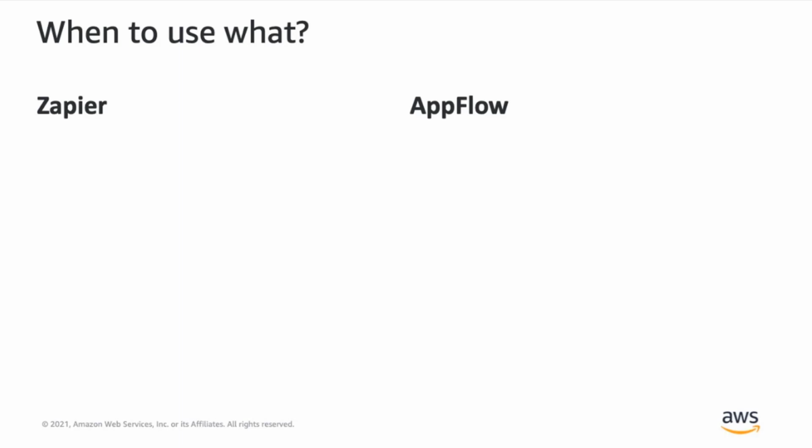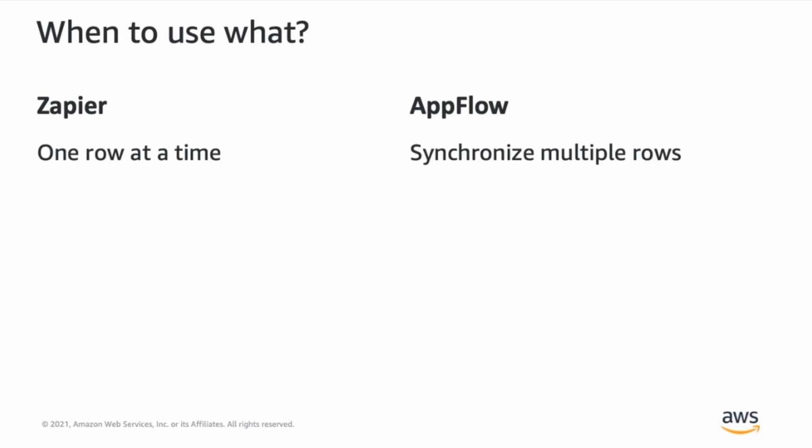First, consider whether the application or service that you want to connect to Honeycode is supported by Amazon AppFlow or Zapier. If your app is only supported in one of these services, that may be the natural choice. If both Zapier and Amazon AppFlow support your app, then there are a few other considerations to think through.